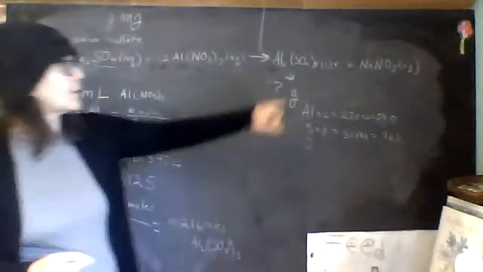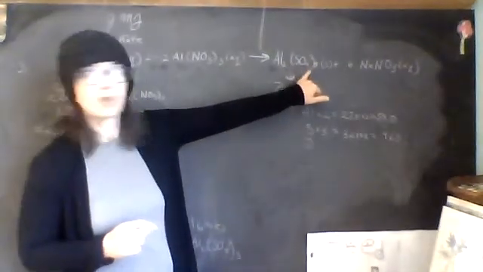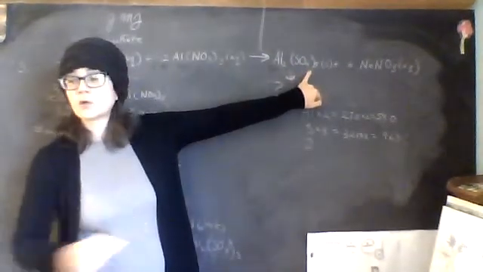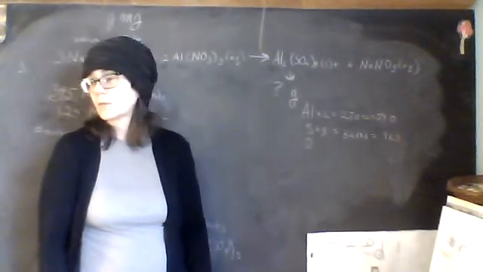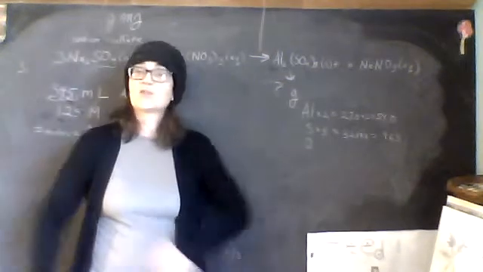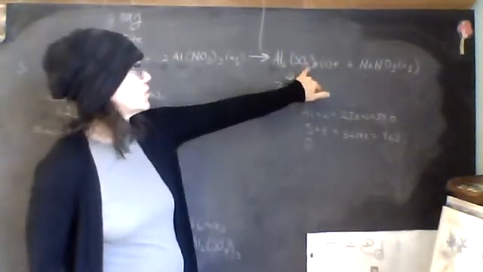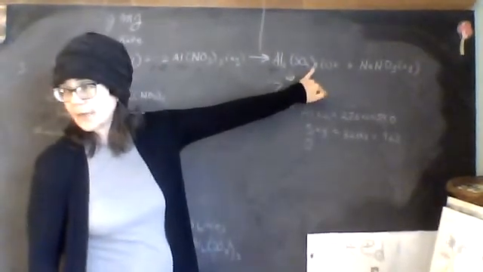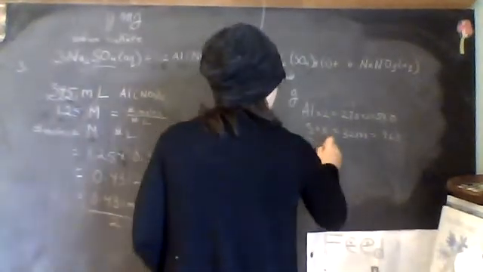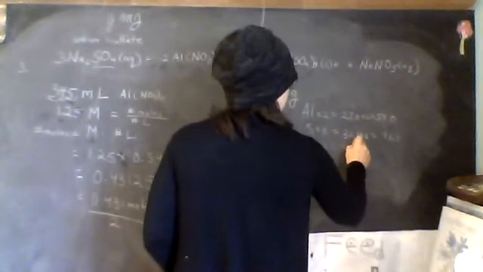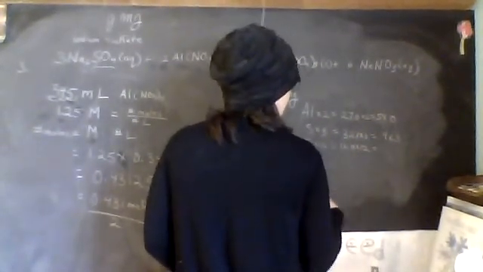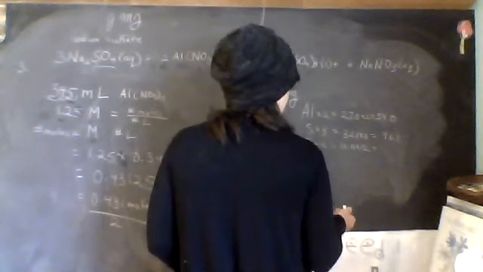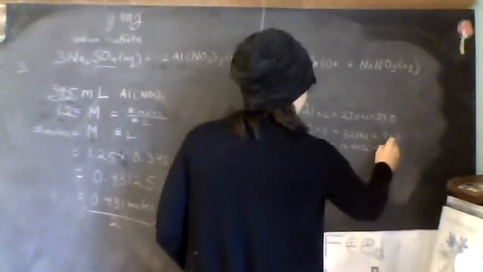And then O is 16.0. How many O's do we have is what I asked. We have 12 because there's 4 in each sulfate and there's 3 sulfates, right? So it's oxygen times 12, 16.0 times 12, which is 160 plus 32 is 192, right?